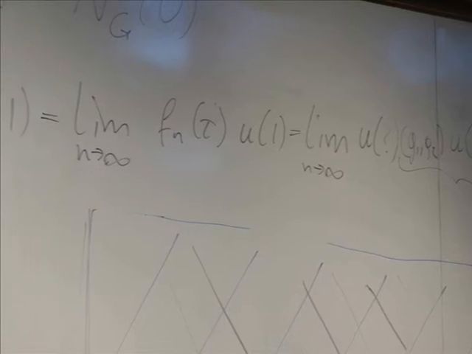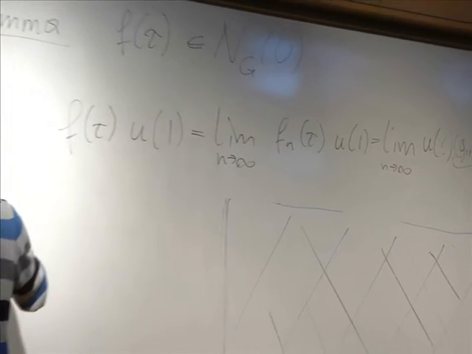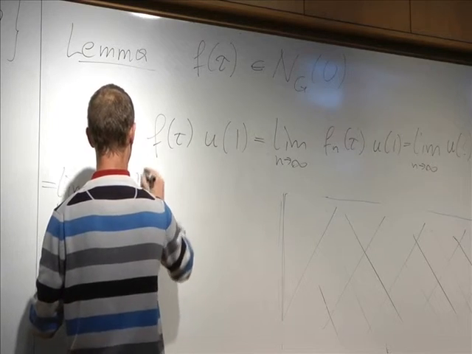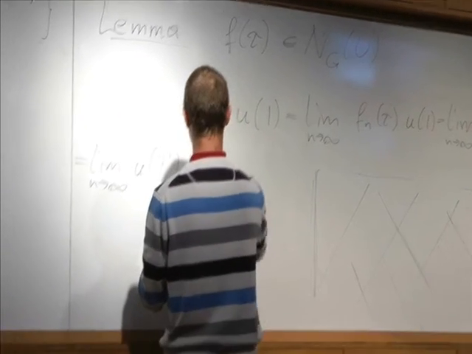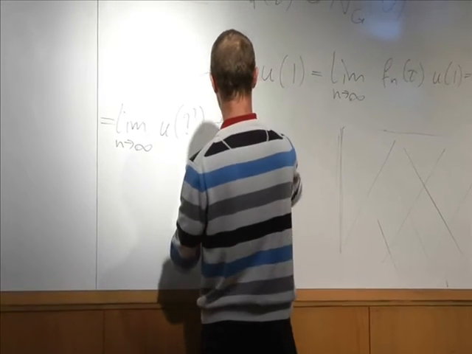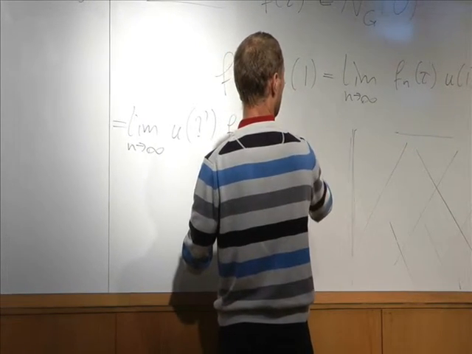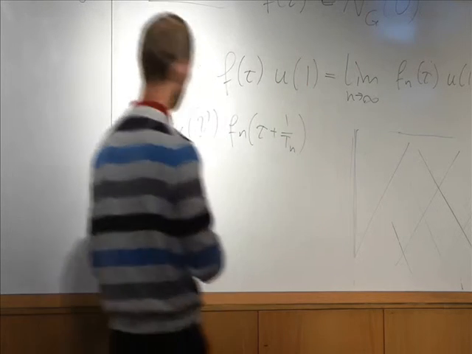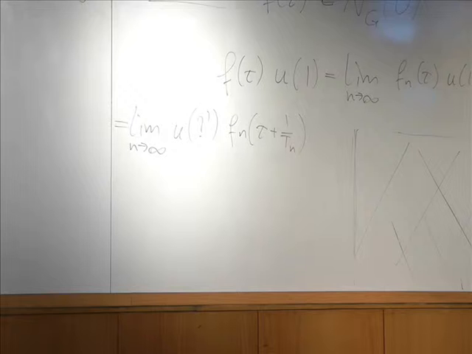So this is the limit as n goes to infinity of u question mark prime, g1, no, let me just write it, Fn tau plus 1 over Tn. Right?